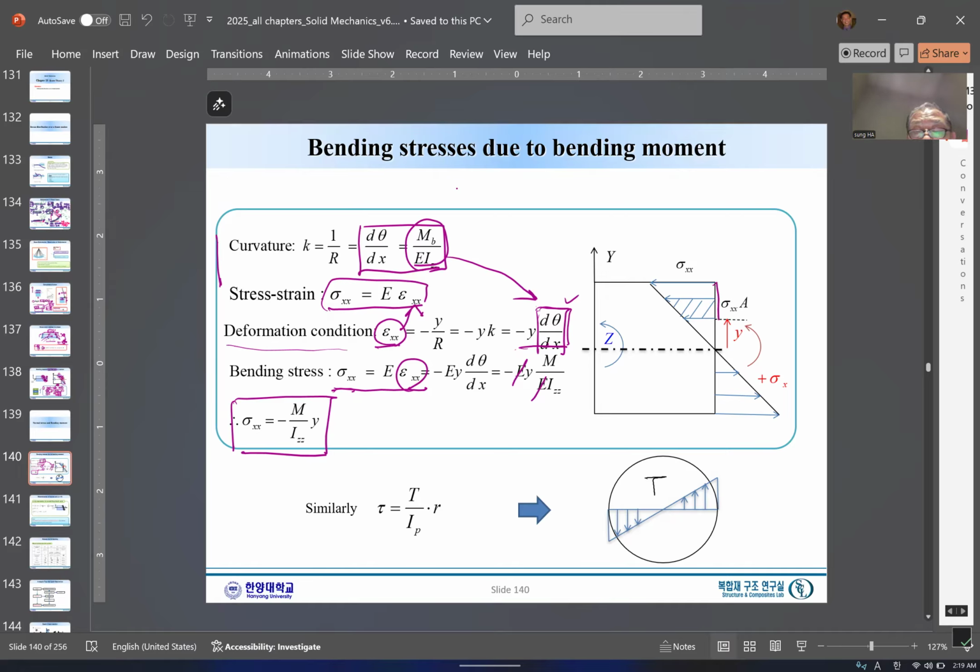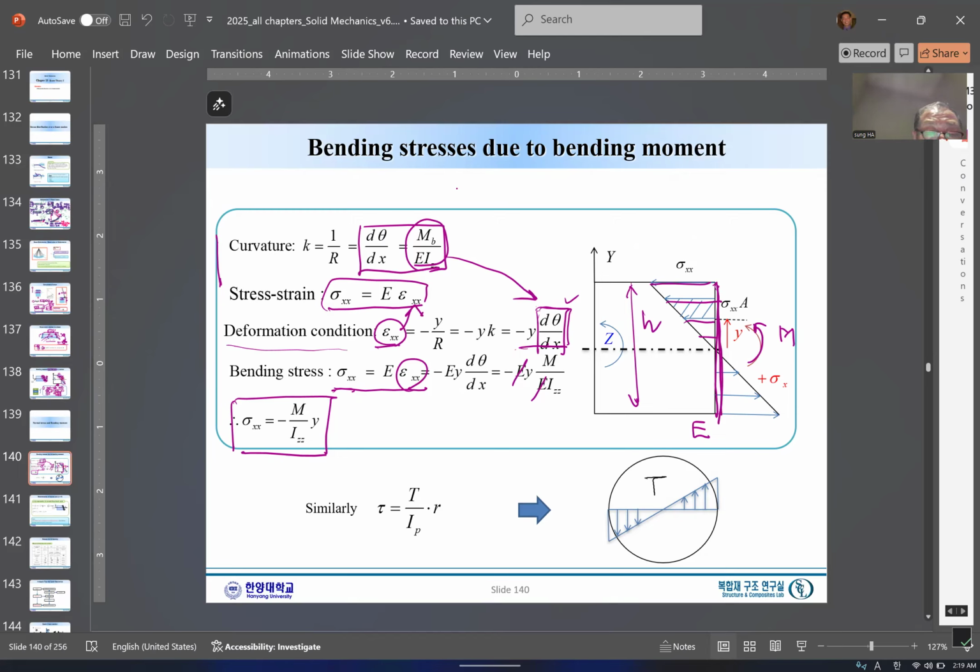In other words, we have a Young's modulus, we have a height H and some cross-sectional shape of the beam, and then we apply the moment, and that gives how the stress will be distributed.